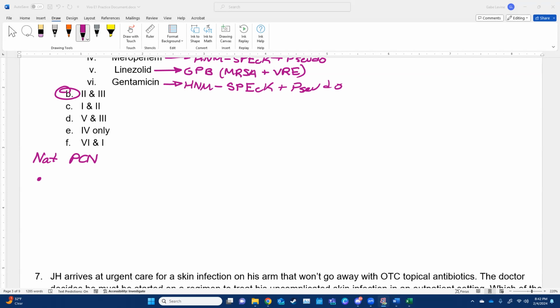What's something that gets co-administered and we can't really get rid of it? Sodium. Lots and lots of sodium.